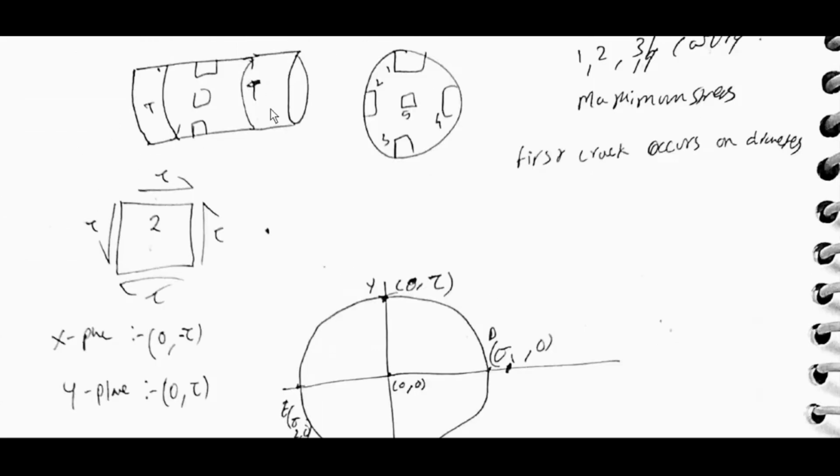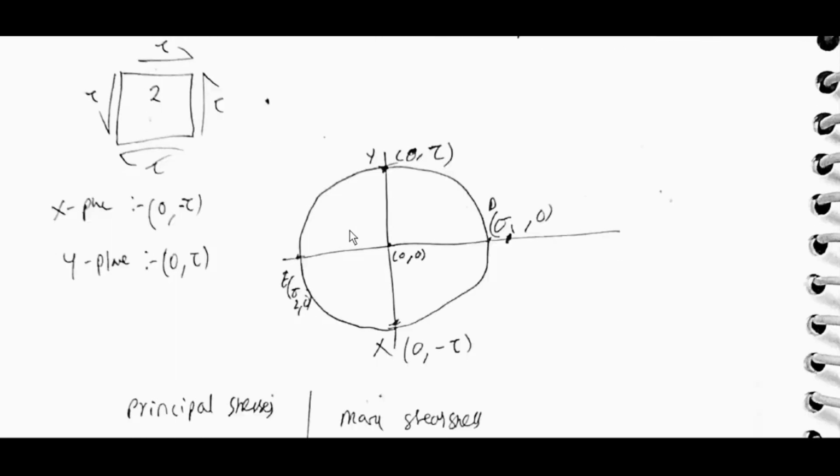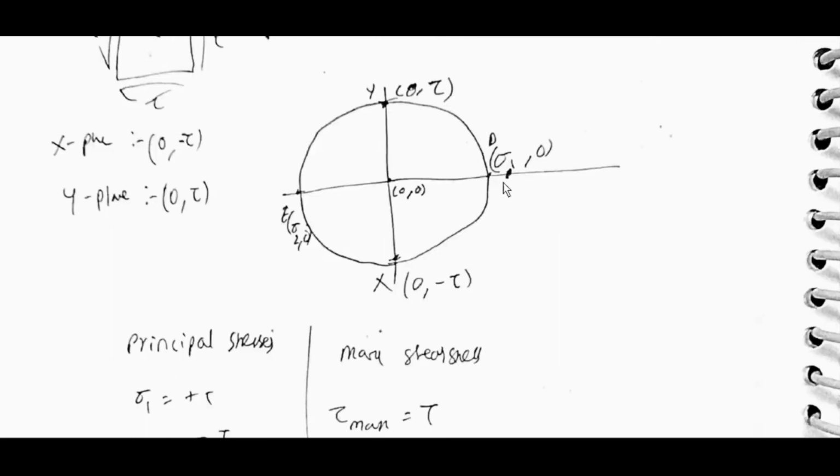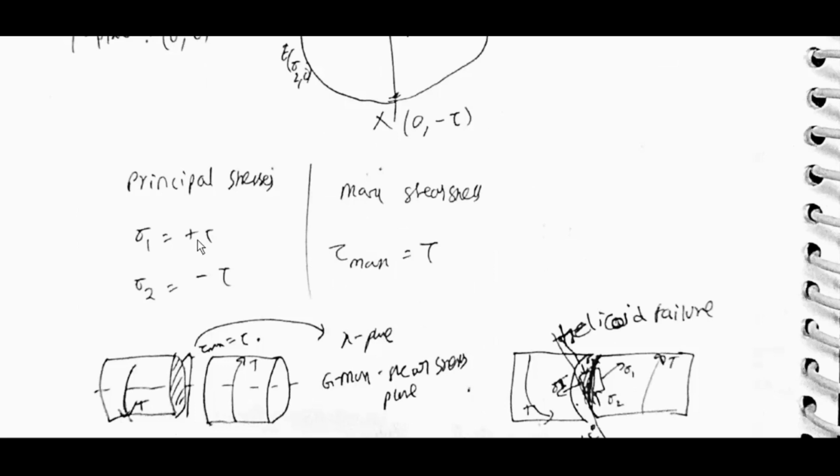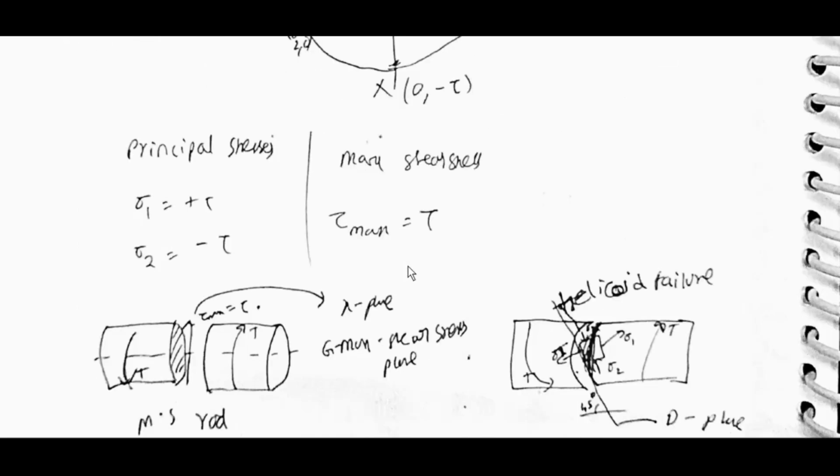If we cut the y plane, it will also have shear stress like this. So (0, tau) and (minus tau, 0). Principal stresses: sigma 1 is equal to plus tau, sigma 2 is equal to minus tau. Maximum shear stress tau max is equal to tau.